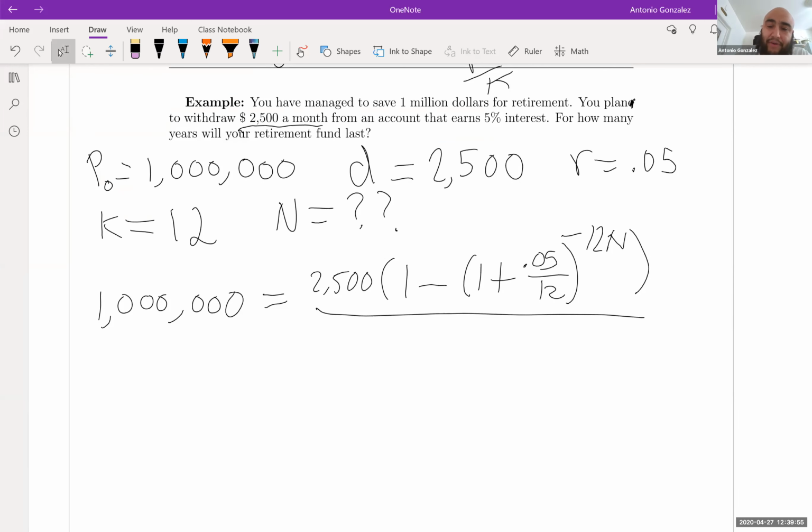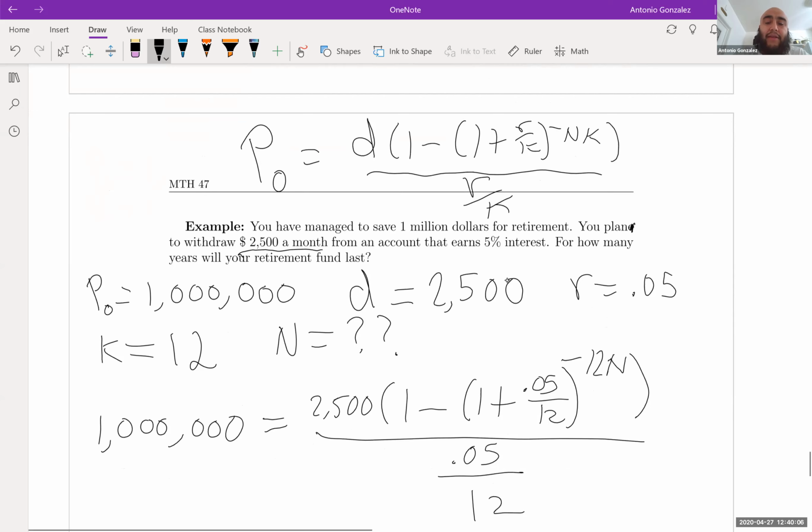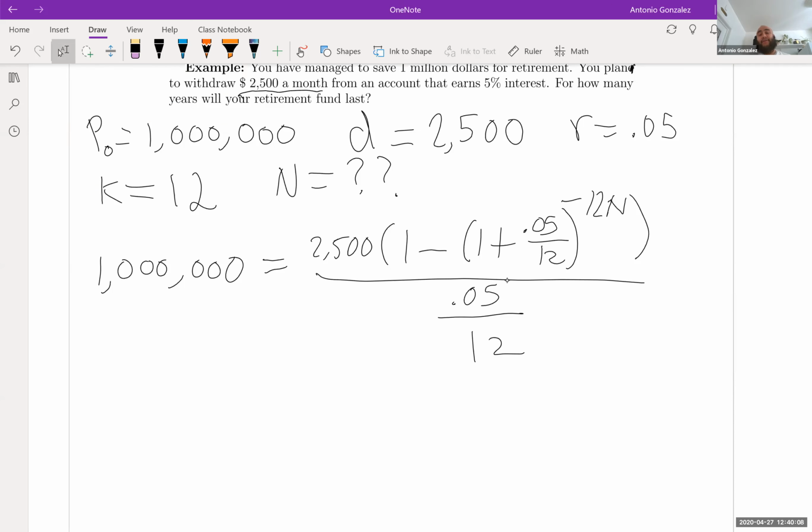And then down here we'll have R, 0.05 over 12. Okay. All right, so here is our setup. And again, notice the big difference here is that the value for N is in our exponent. Any questions up to this point?